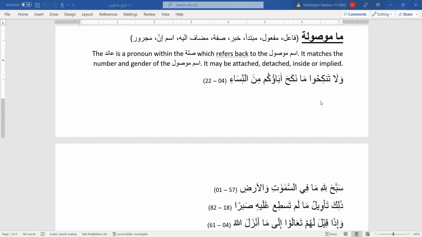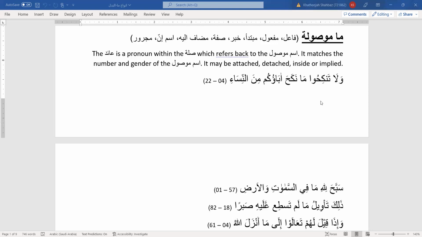أعوذ بالله من الشيطان الرجيم. وَلَا تَنْكِحُوا مَا نَكَحَ آبَاؤُكُمْ مِنَ النِّسَاءِ. And la, not, tankihu, you all don't marry. Nikah, marriage. Ma, mawsula normally means what.